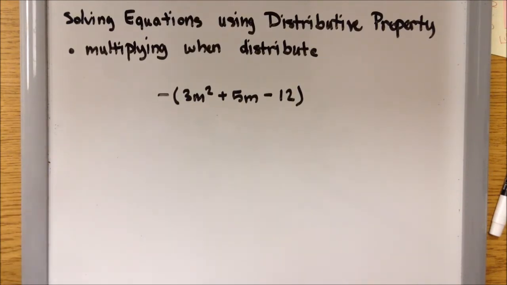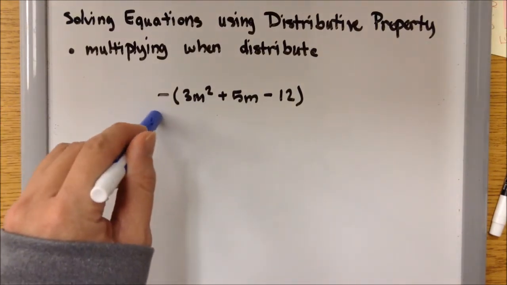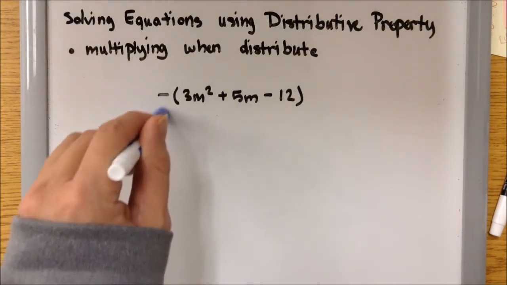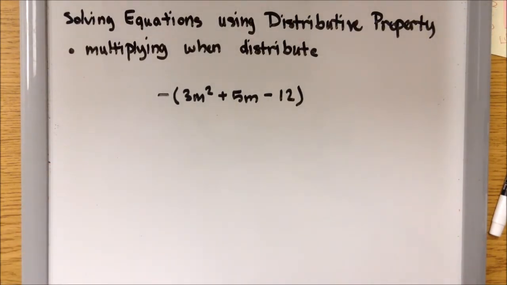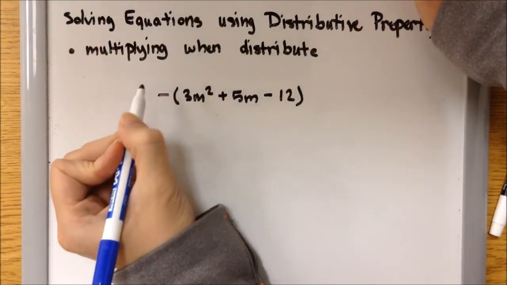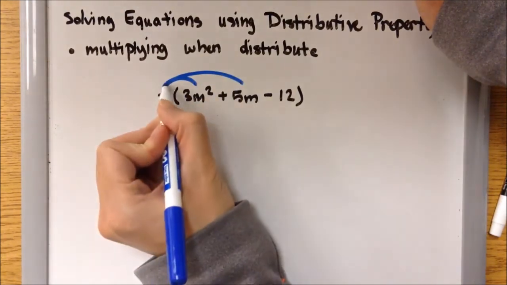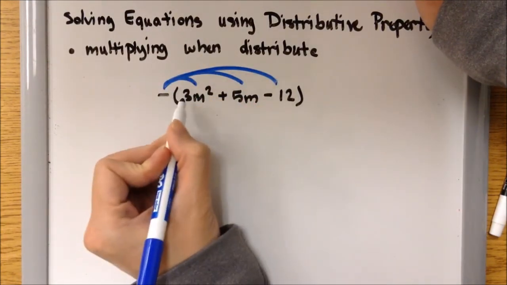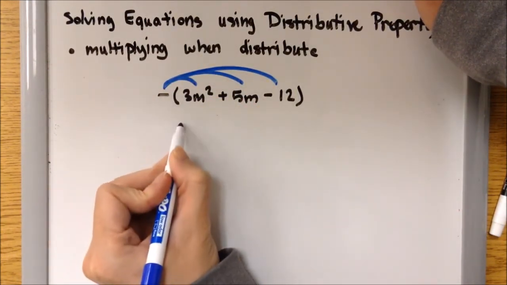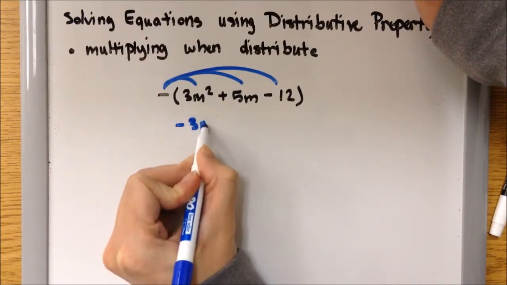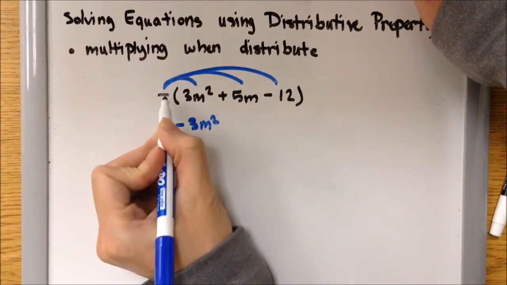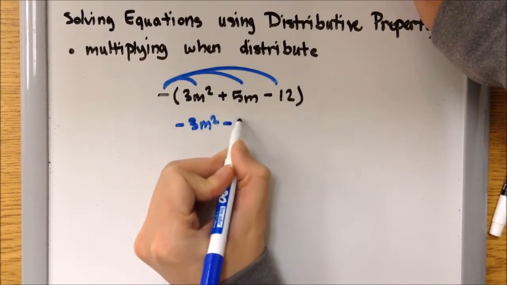Anything. In here, we have a negative directly in front of the parenthesis. So just like before, we're going to distribute the negative to everything inside. Negative times 3m² will be -3m². Negative times 5m will be -5m.